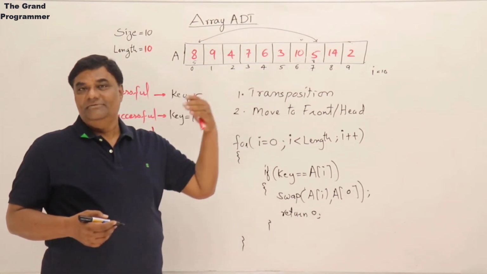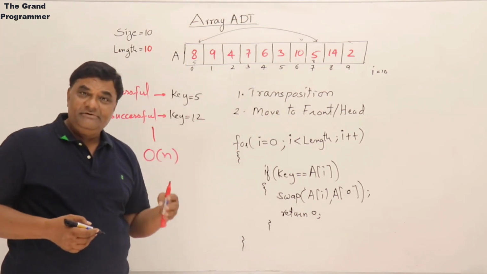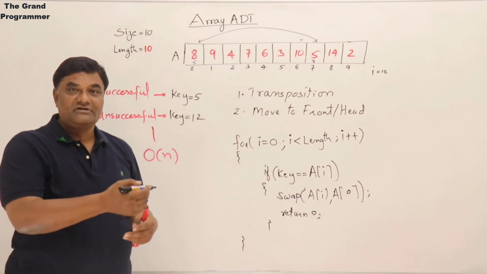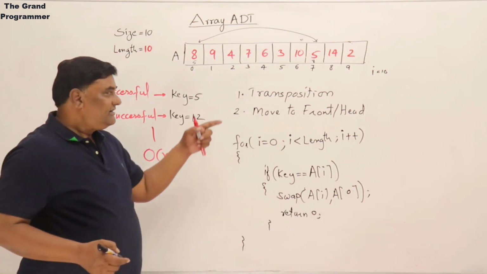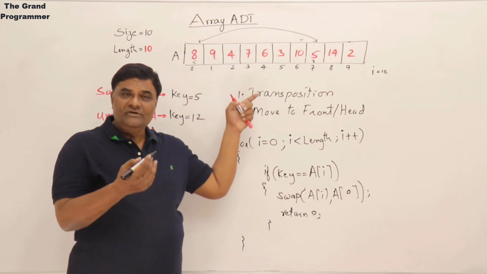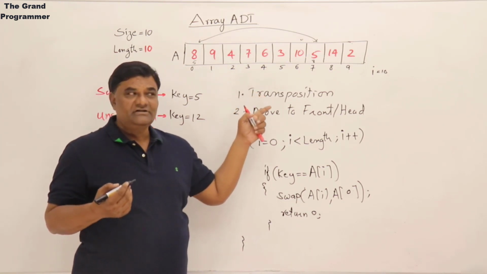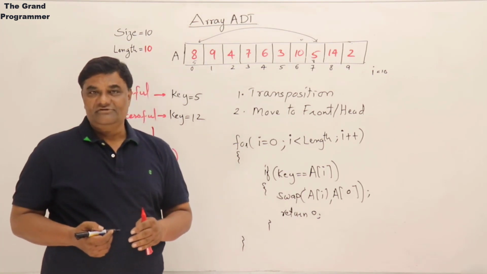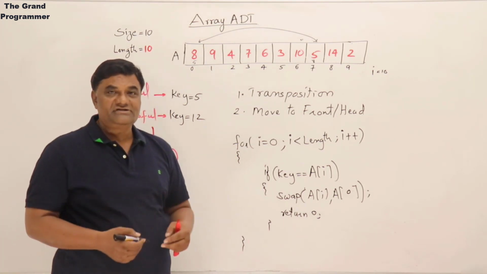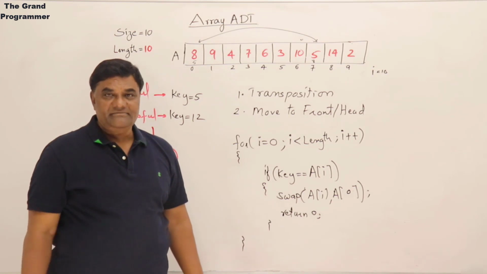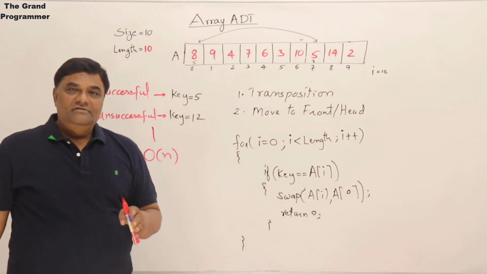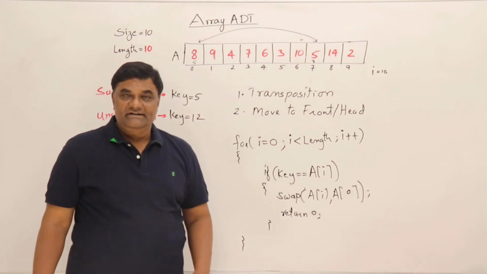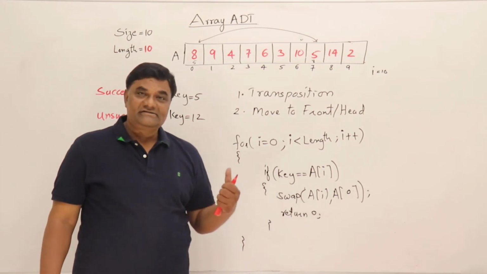But the new element will be brought to that index. Then again this may be thrown somewhere else if you search for some other value. In transposition, there is a slow reduction in the time taken for searching. And in move to front, there is a sudden reduction in the time taken for searching. Next time if you keep on searching, it will be done only in constant time. So that's all about linear search and its analysis.